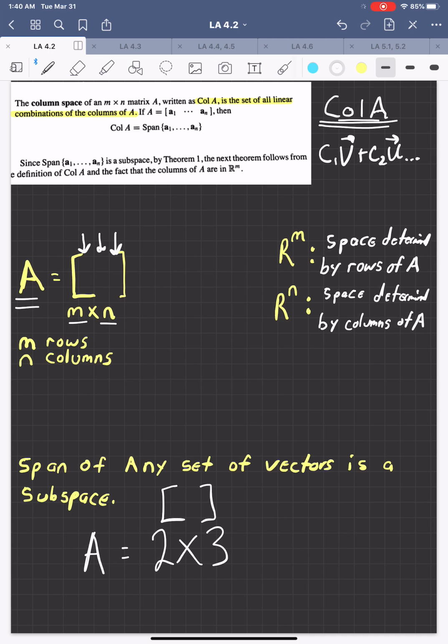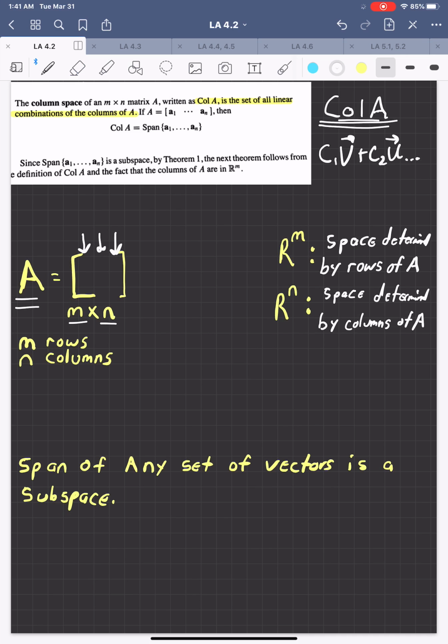How many vectors would you assume is going to be in the column space of A? How many vectors would you assume would be in the null space of A? All right, now we're going to come back to that question, but you feel free to take a guess based on what I've been trying to teach you right now. How many vectors would you assume would be in each of those spaces?